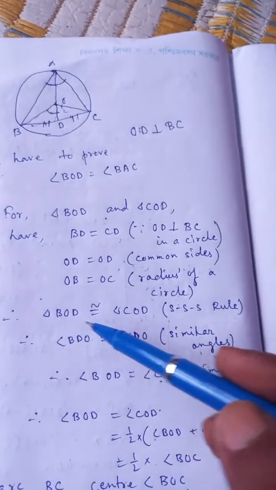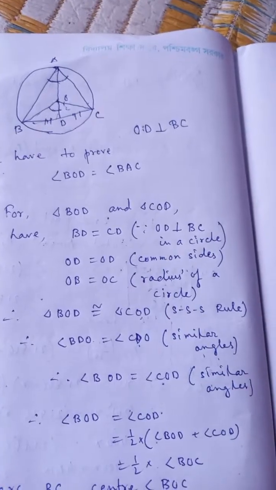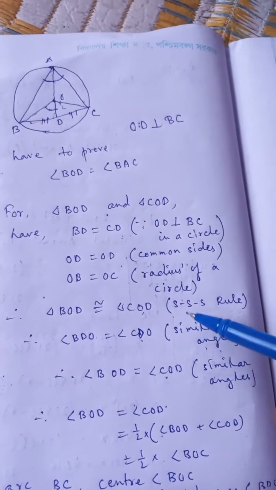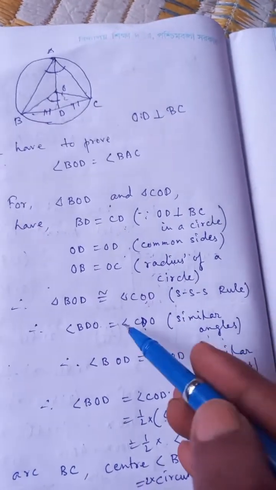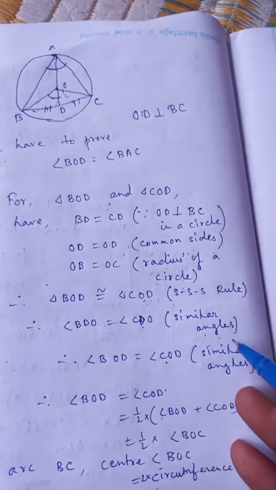So both the triangles are congruent by the SSS rule of congruency, and we have angle BDO and angle CDO equal.